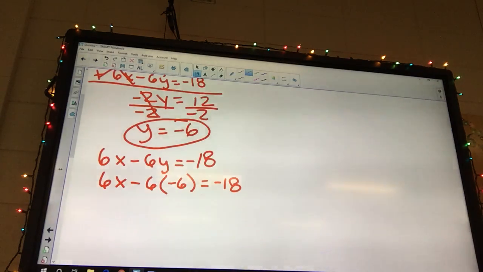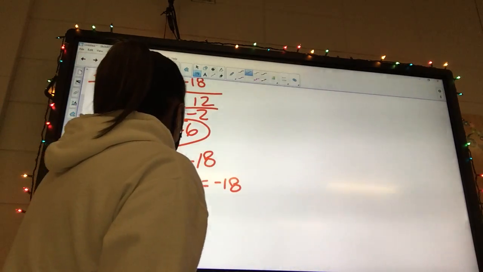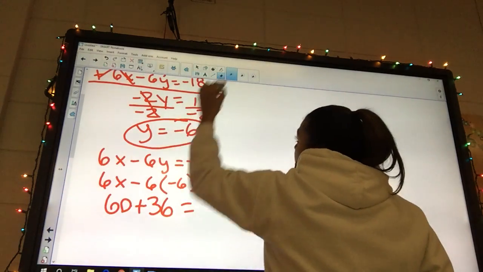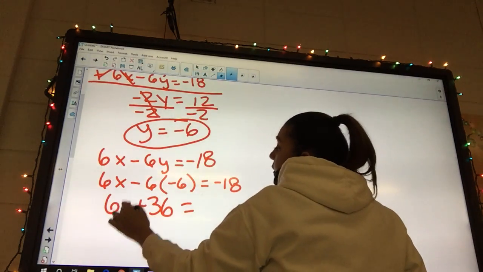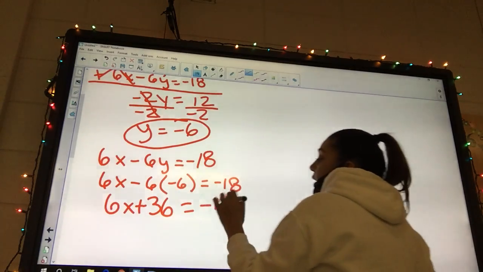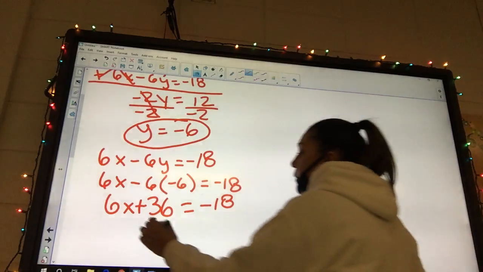Okay, I can multiply these, so I'm going to have 6x plus 36 equals, oh wait, dude, I'm Hot Mess Express today. 6x equals negative 18. What's our next step? Subtract 36 from both sides.